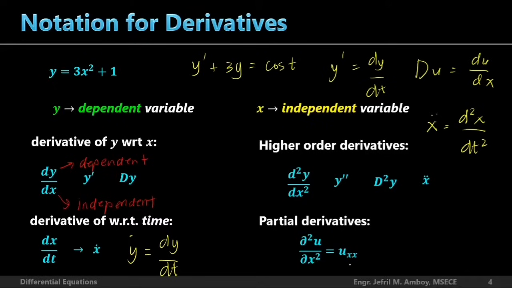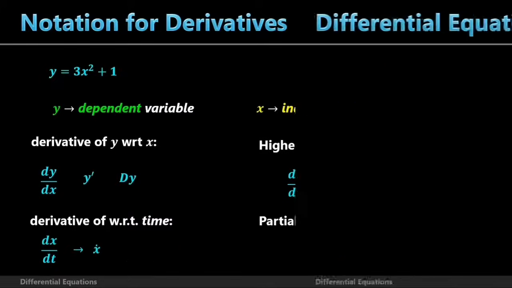And another way of writing that is using the subscript notation u_xx. Okay? So, when we say, for example, u_yy, this means the second partial derivative of u with respect to y. Okay? So again, these are the notations for writing derivatives which we will be encountering in our succeeding topics.